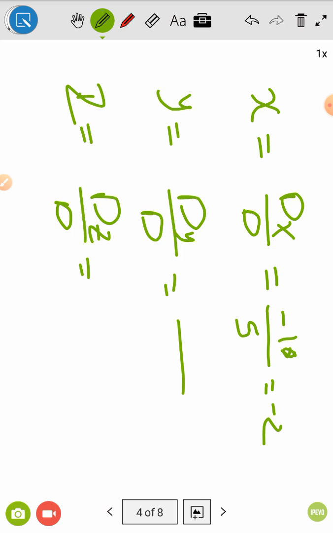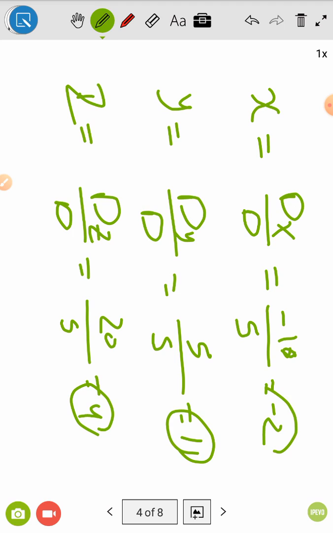Dy 5 over 5 will be 1. Dz 20 over 5 will be 4. These are the values of x, y and z.